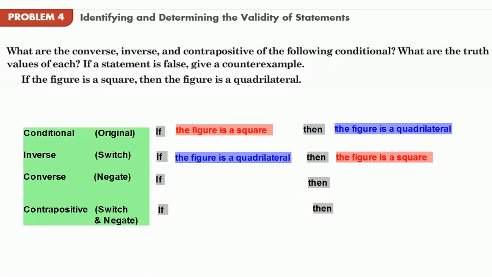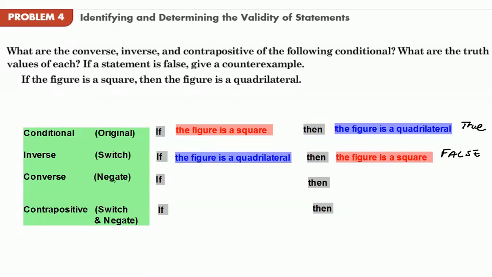If the figure is a quadrilateral, then the figure is a square. Okay, this statement is going to be false. Why false? Because it's saying that if it has 4 sides, then it will always be a square. Well, what about a rectangle?